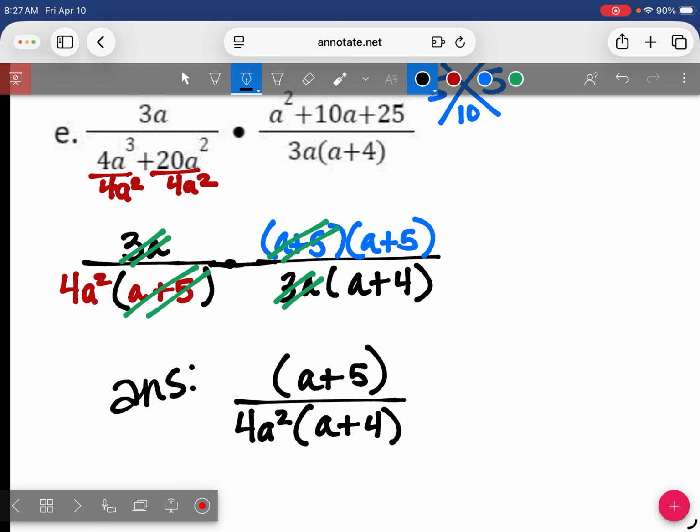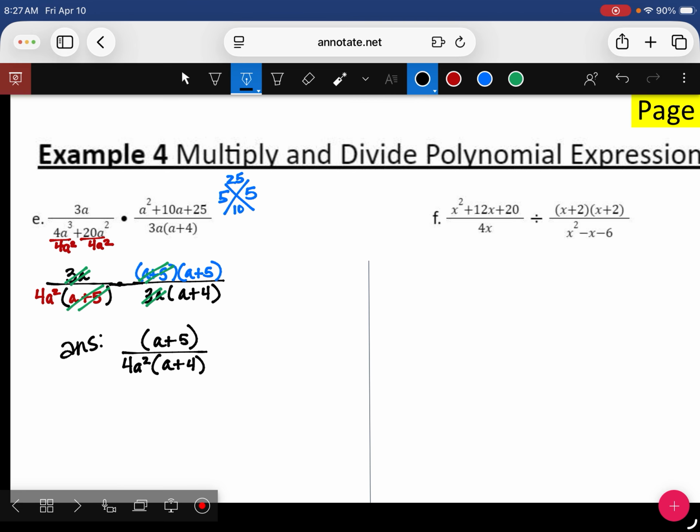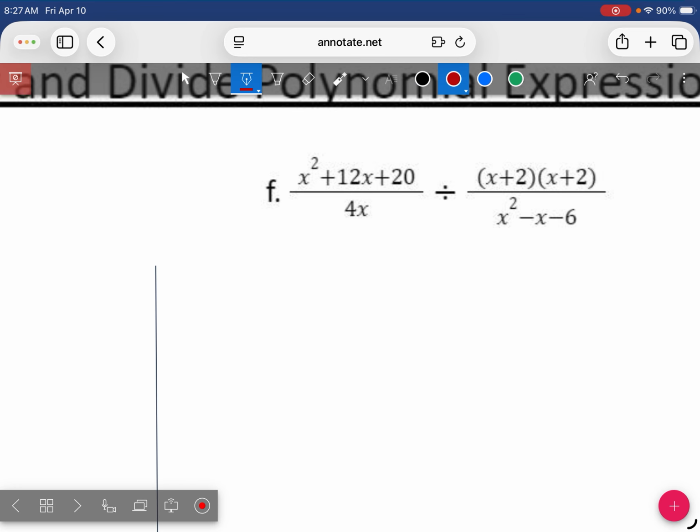For question F, do we need to do keep, change, flip, or do we just start factoring? Let's do it. Keep the first fraction, change division to multiplication, and flip the second. So we have our x squared.